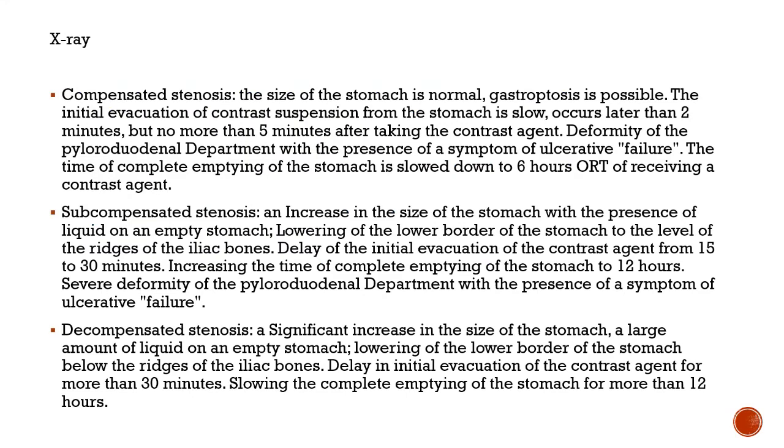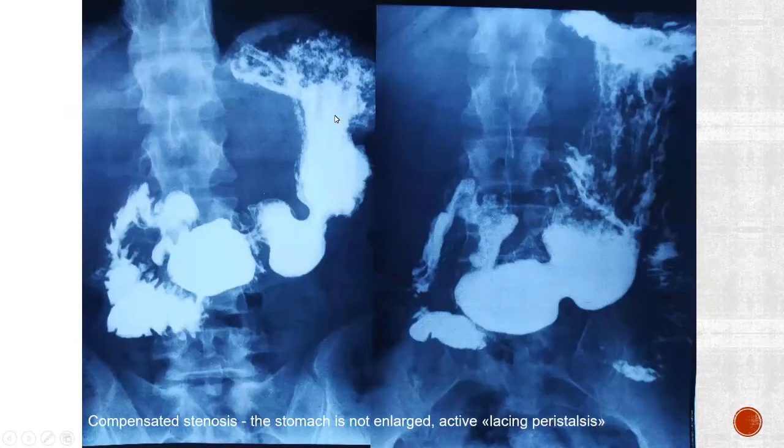And X-ray examination is a basic instrumental method, with barium contrast. In the compensated stenosis, the size of the stomach is normal, but with gastroptosis. Here's the stomach, not enlarged, with active peristalsis.